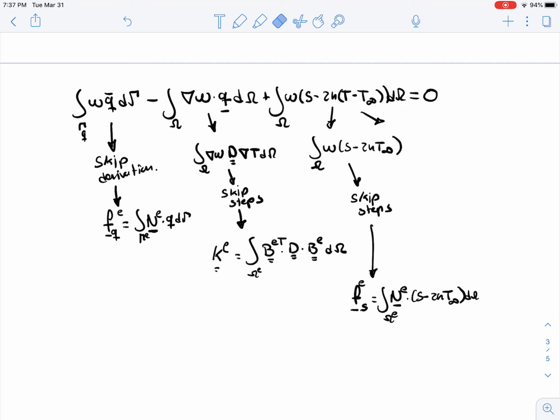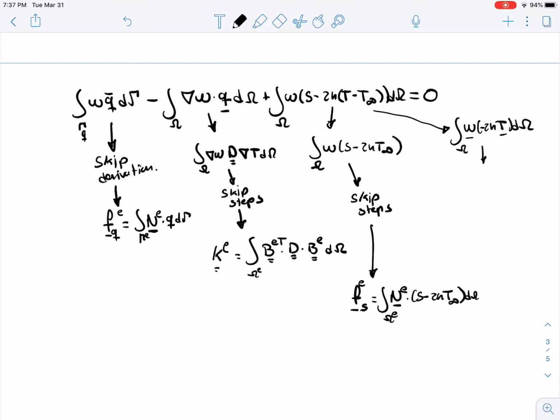And the one that is different from all that we've done in the past is this last term in this integral. There's going to be an integral that looks like omega times minus 2h t. So this one has omega and has temperature.